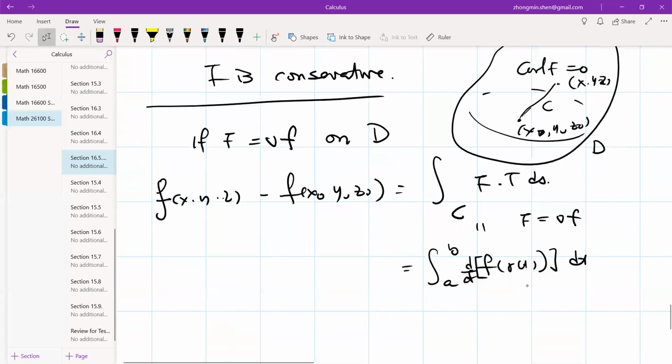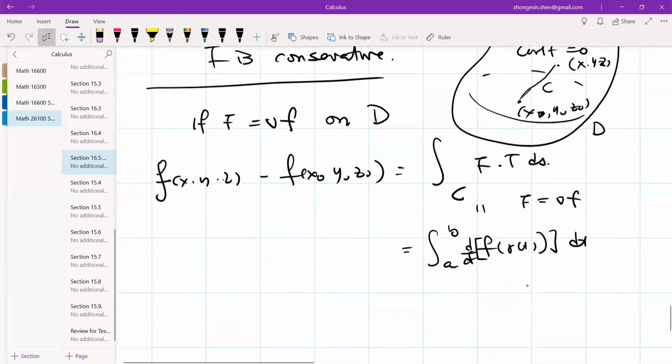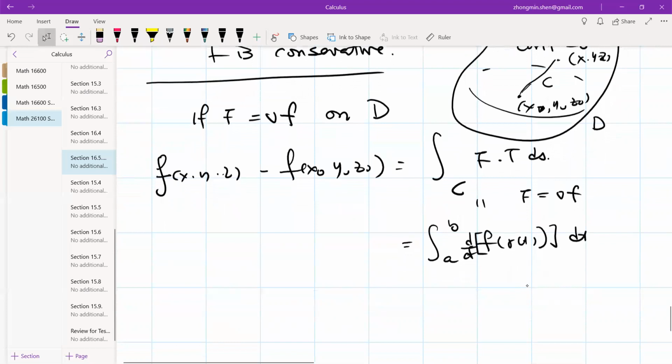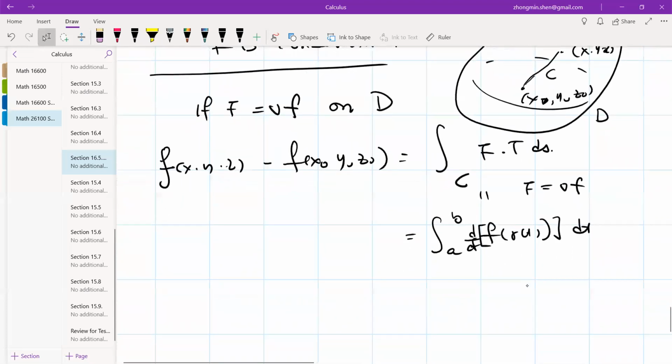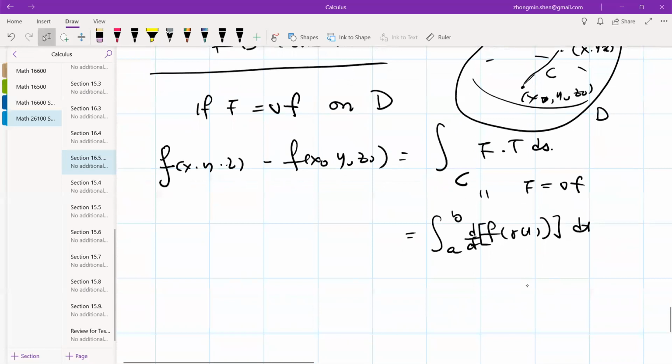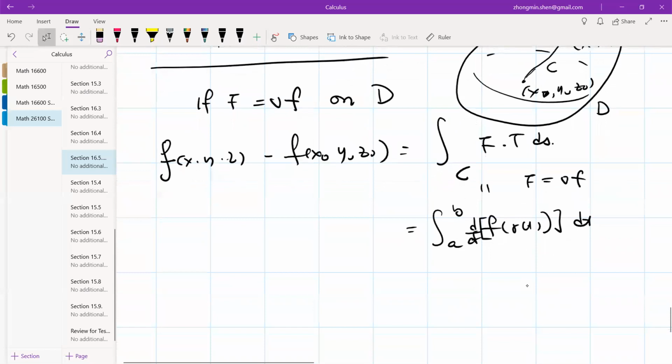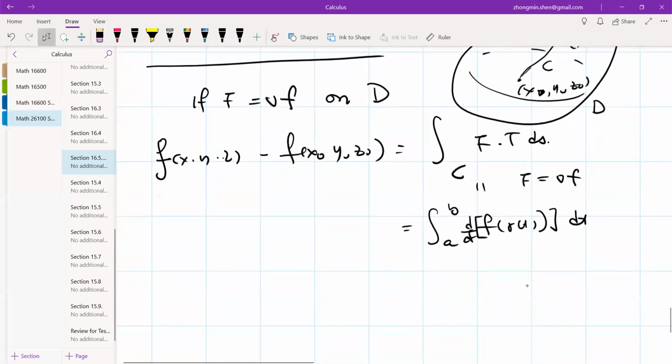Now, what I did above is actually a special case of line integrals using that. So put this way, let me state the theorem.